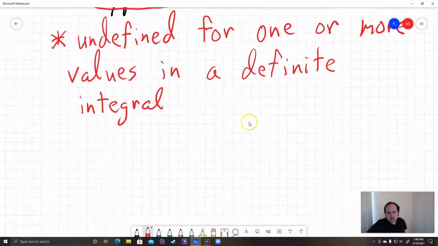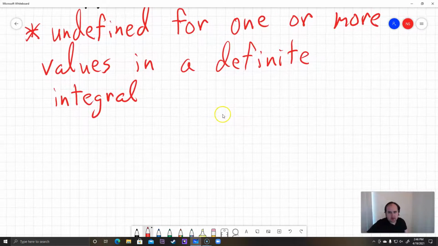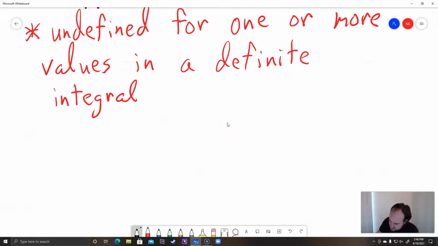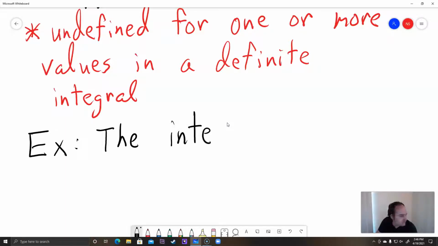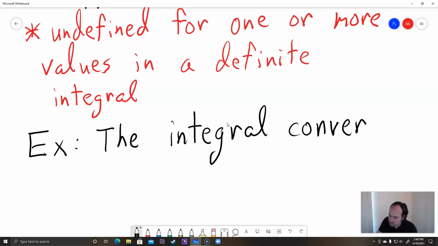Alright, so let's see an example so you can see exactly what I'm talking about here. The instructions say the integral converges. When they say the integral converges, they just mean that our answer isn't going to be infinity or negative infinity, and it's also not going to be undefined.